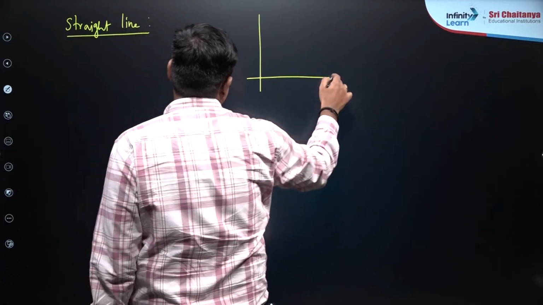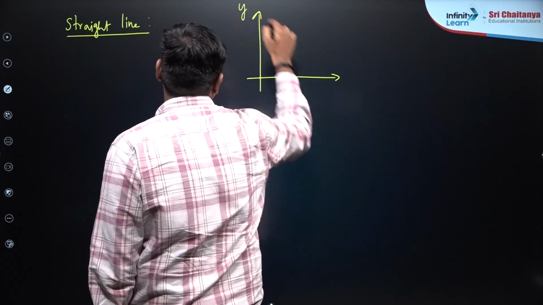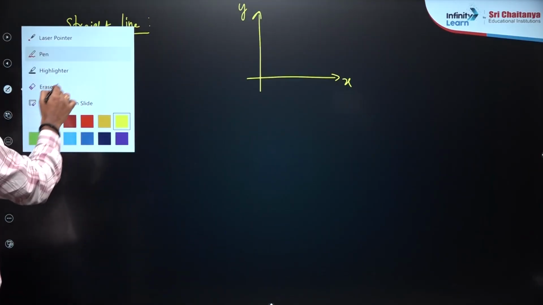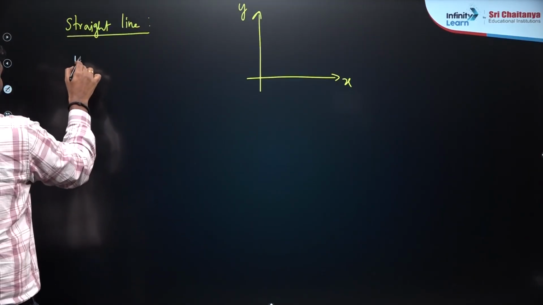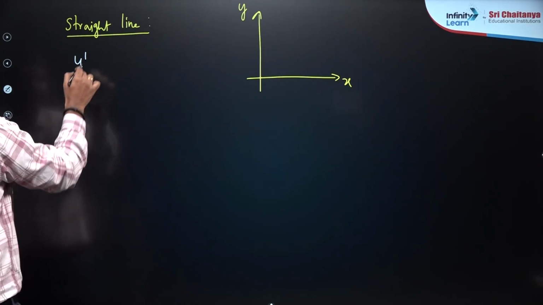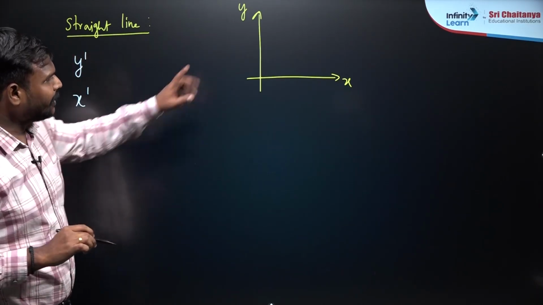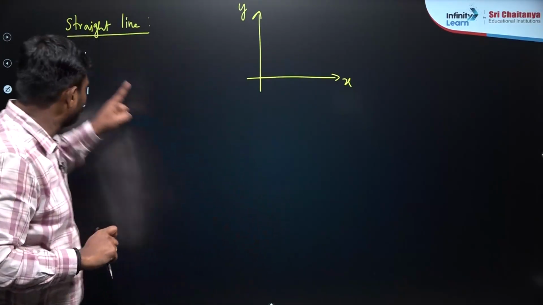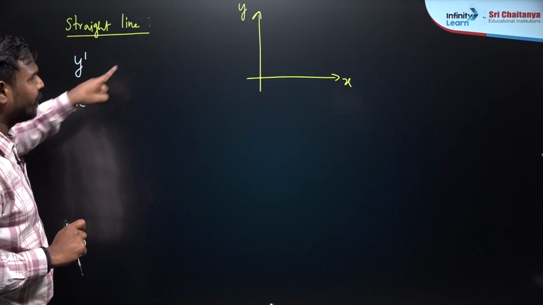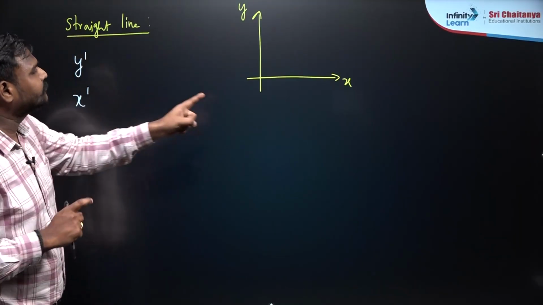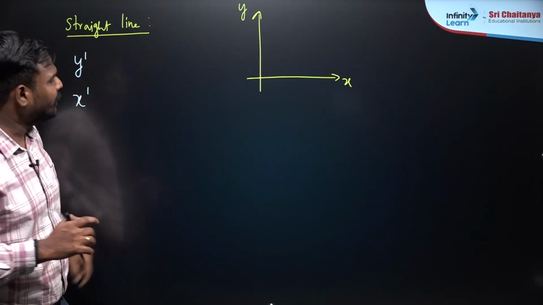In the graph, we always have y-axis and x-axis, and if the power of y is 1 and power of x is 1, that means no square or inverse relation. If both the powers are 1, x power 1 as well as y power 1, then the graph will be a straight line.